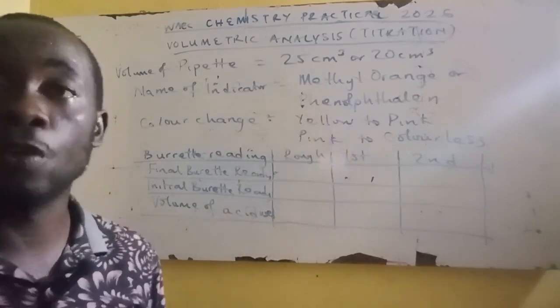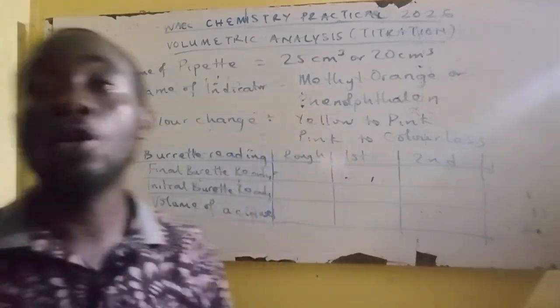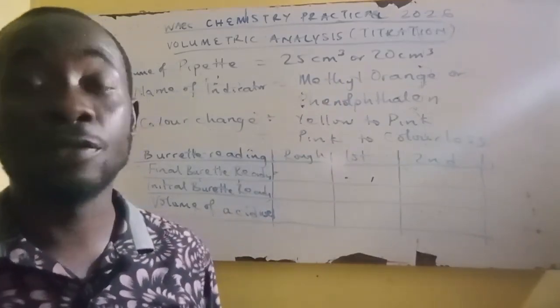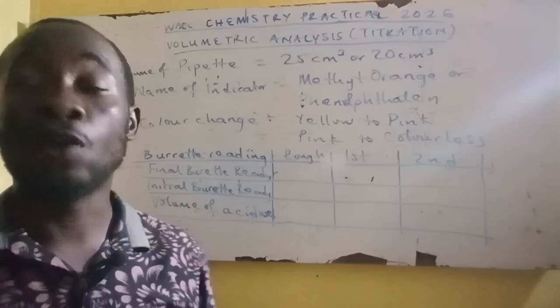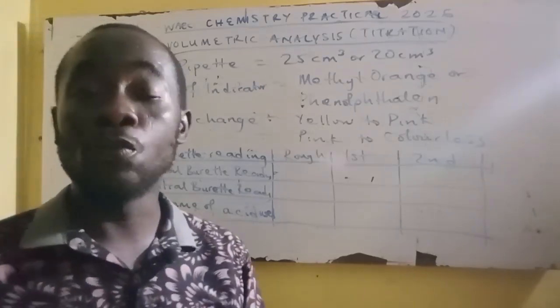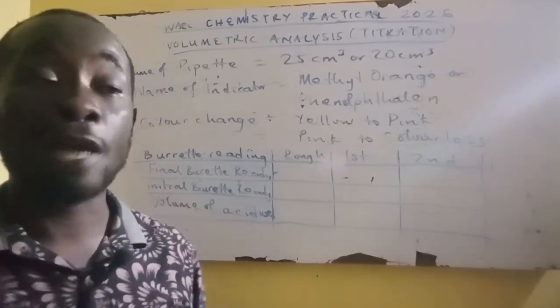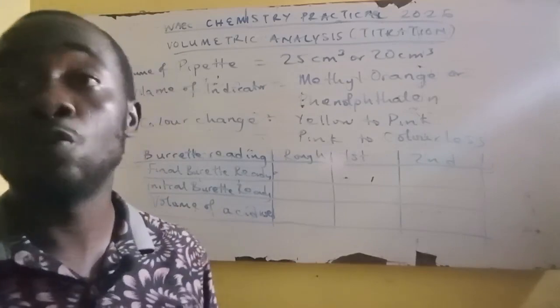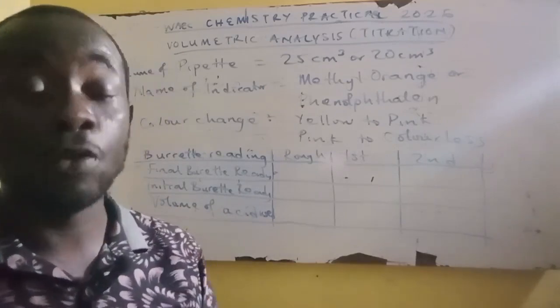Now, the next one is the color change. If it is methyl orange or methyl red that you are using, you are going to have a color change of yellow to pink. That is, after you've put your base or alkali inside the conical flask and you put your indicator, you are going to have a yellow color.